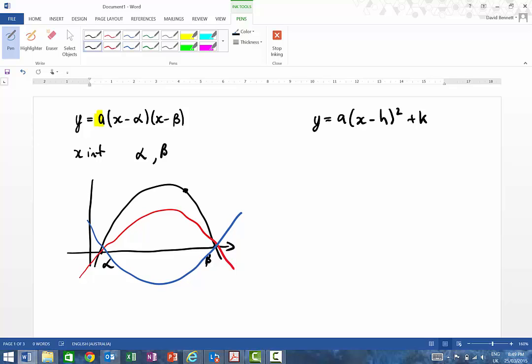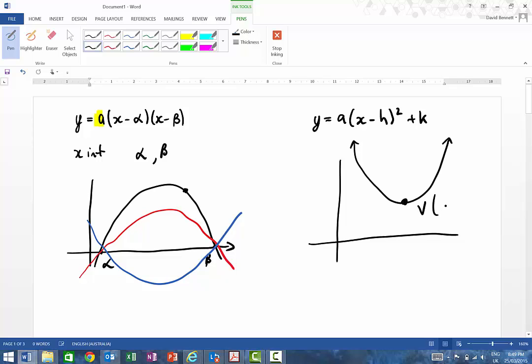This particular equation, though, is really useful if you get given something like this. If I get given a vertex point, say (3, 2), then I could write my equation for this one as y is equal to a, with h being 3, so x take 3 squared, plus the k value, which is 2.